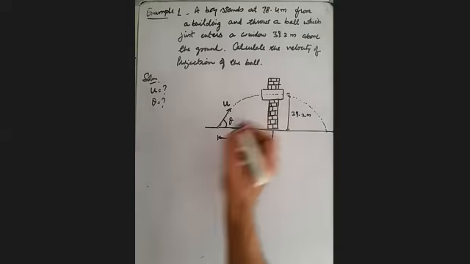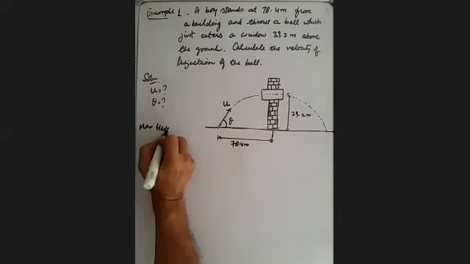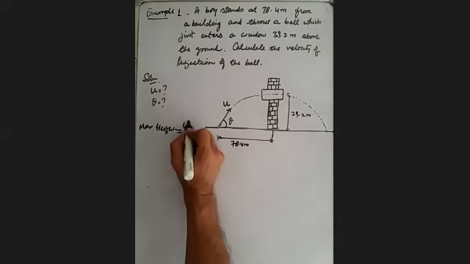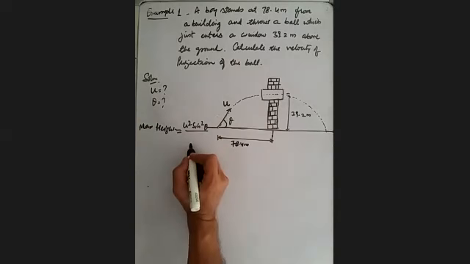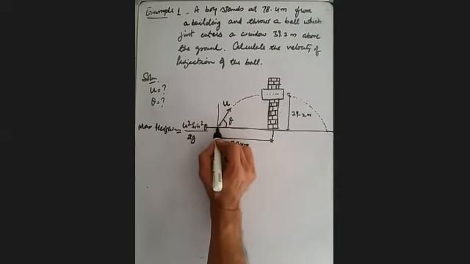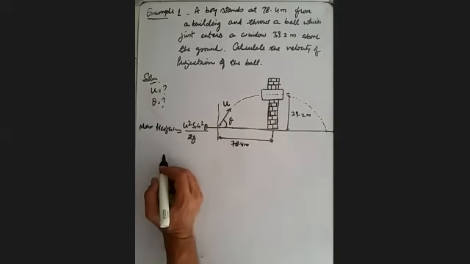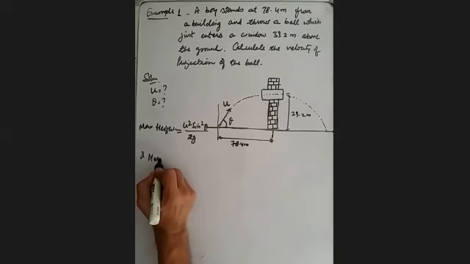Now we can use the expression of maximum height. If you remember, the expression for maximum height was u square sine square theta divided by 2g, where theta is the angle with the horizontal.